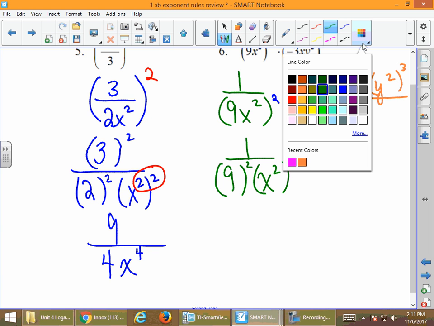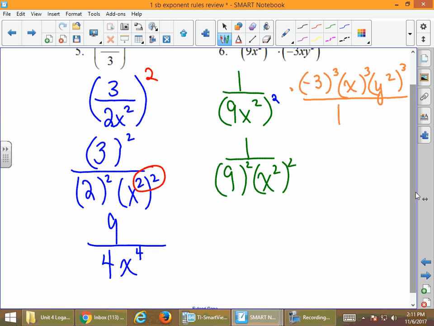And we can get a little farther over here in the orange part, because negative 3 cubed, and again, if you're typing that into your calculator, you're probably better off with parentheses, is negative 27. And x cubed, it's x to the first cubed if you want a superpower. And y squared cubed is a definite superpower. Y to the 2 times 3, which is y to the 6, over 1.